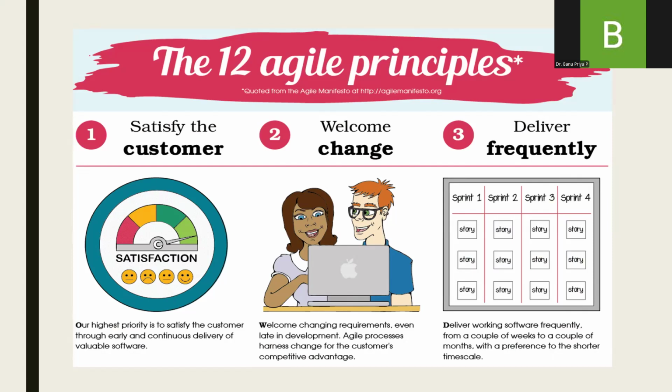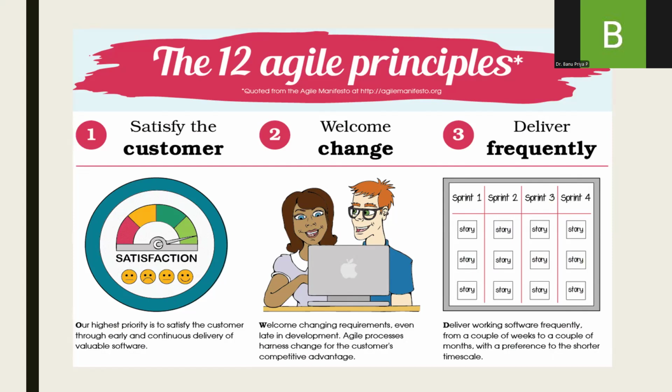The third principle is delivering the outcome frequently. As already given, the objective or the product outcome will not be delivered at the end. Your complete objective will be broken down into several sprints.